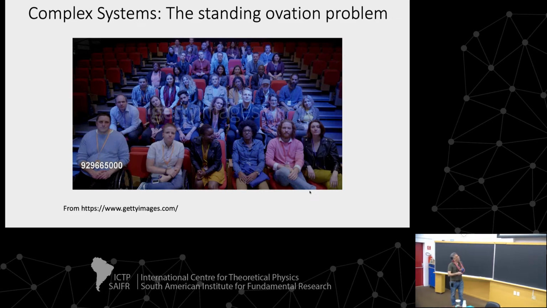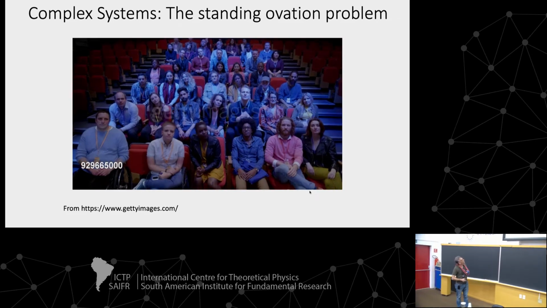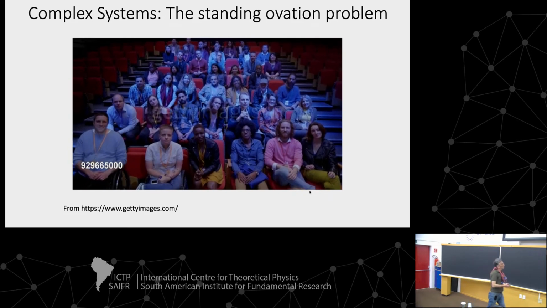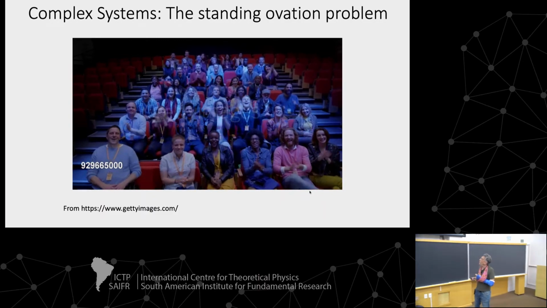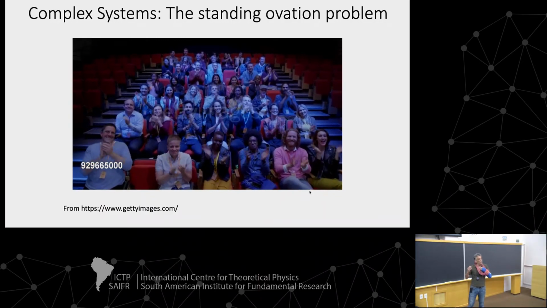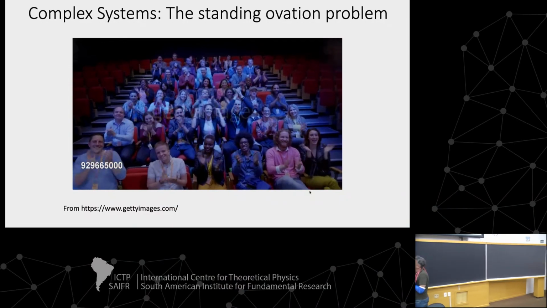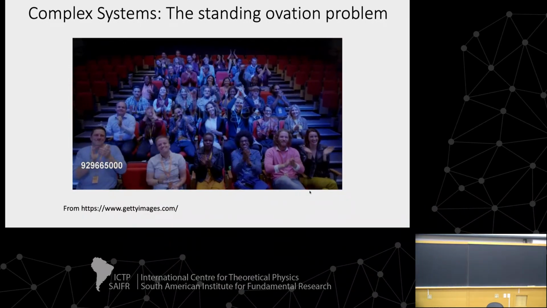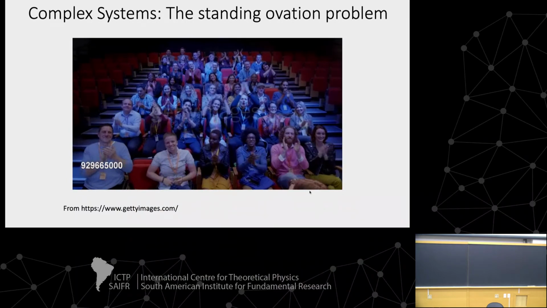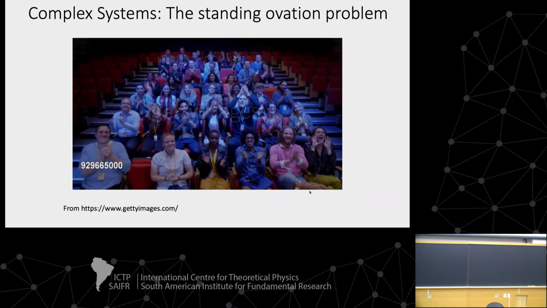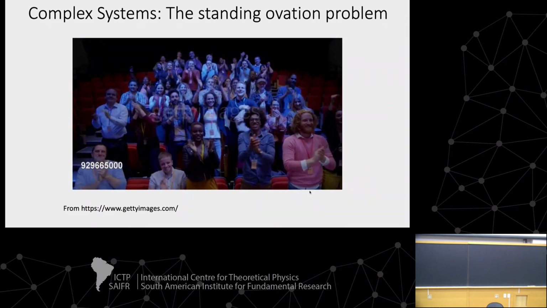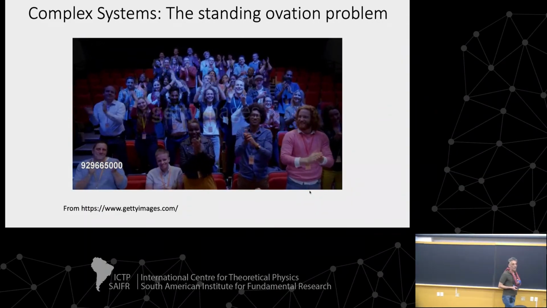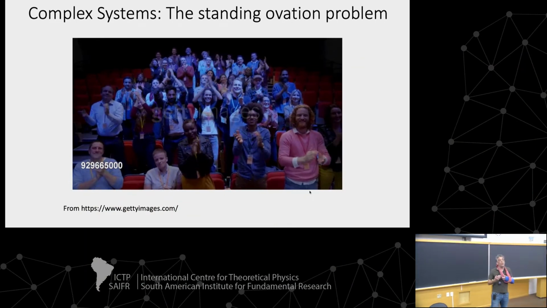This is a standing ovation problem in which people are watching a performance, and when it finishes, they applaud, and they spontaneously start to stand and give a standing ovation. So, if we want to model this, how do we start? Can we model this problem?